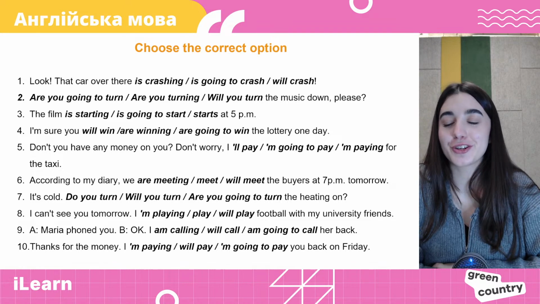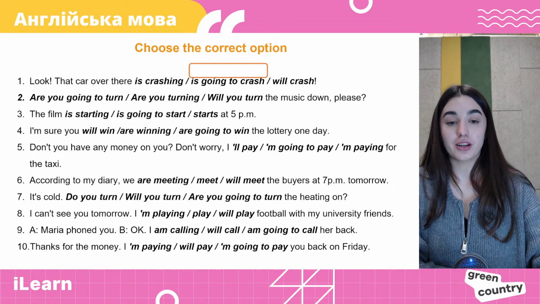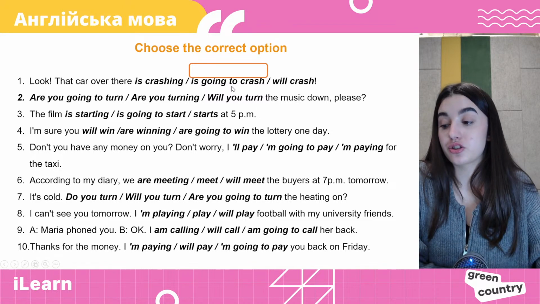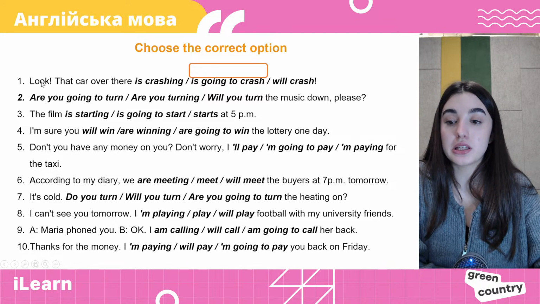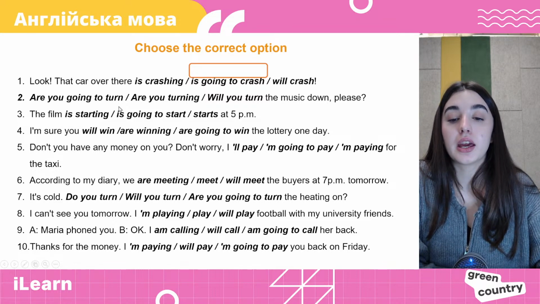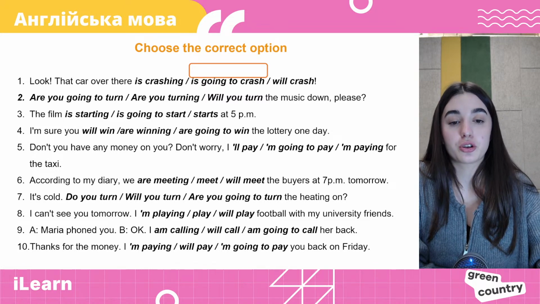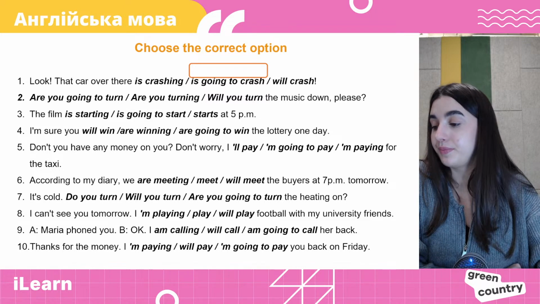Why maybe? You should know it. Yeah, it is going to crash because here we have got prediction based on what we see. So please pay attention to that. And now let's go to the next sentence. Are you going to turn, are you turning, or will you turn the music down?